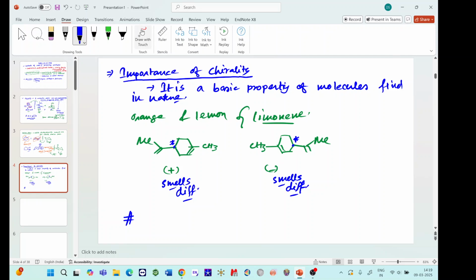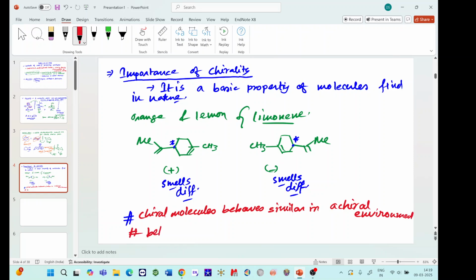A chiral molecule behaves similarly in an achiral environment, but behaves differently in a chiral environment.